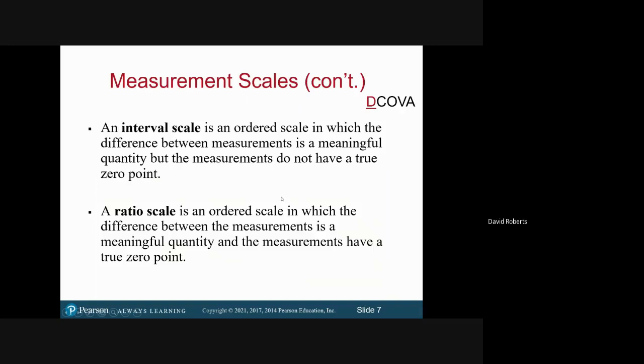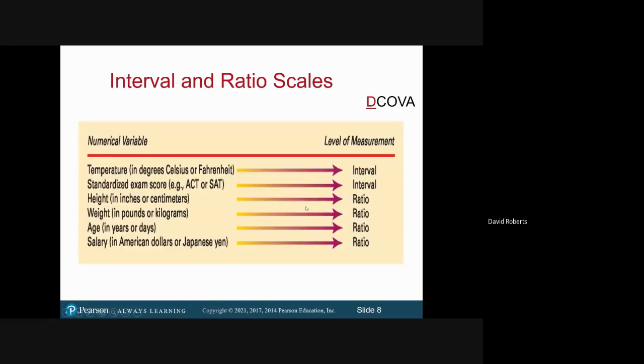All right. The interval scale is an ordered scale in which the difference between the measurements is meaningful. And we'll look at an example. The ratio scale also has a meaningful quantity and has a true 0 point. So we're going to look at a couple of examples. So temperature, either in Celsius or Fahrenheit, there is no true 0.